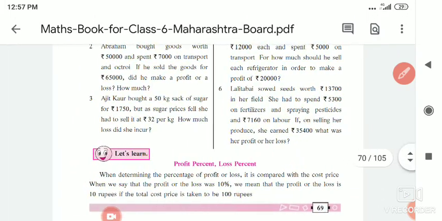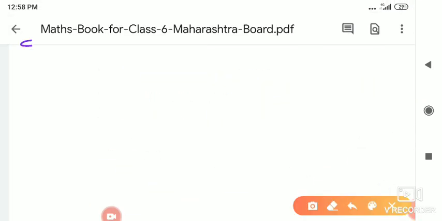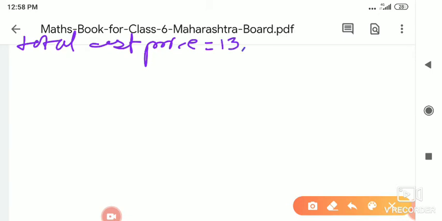So here, total CP, the total cost price, is 13,700 on seed, then 5,300 on fertilizers and pesticides, and afterwards 7,160 on the labor charges.